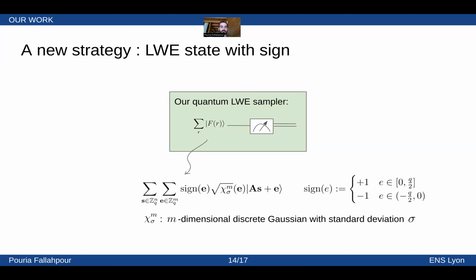And the sign of a vector is defined to be the product of the signs of its components. So we could show that this sign function is surprisingly strong enough to allow us to build the quantum LWE state with signs. So let me explain how.